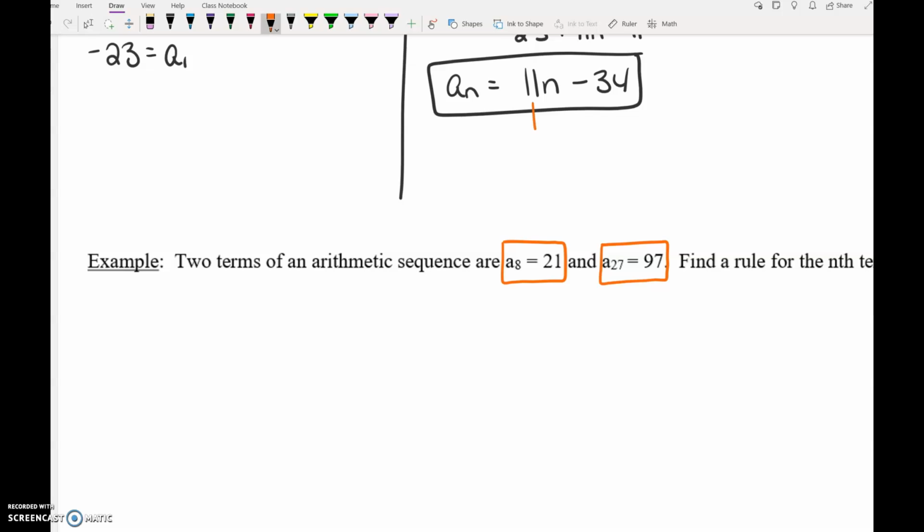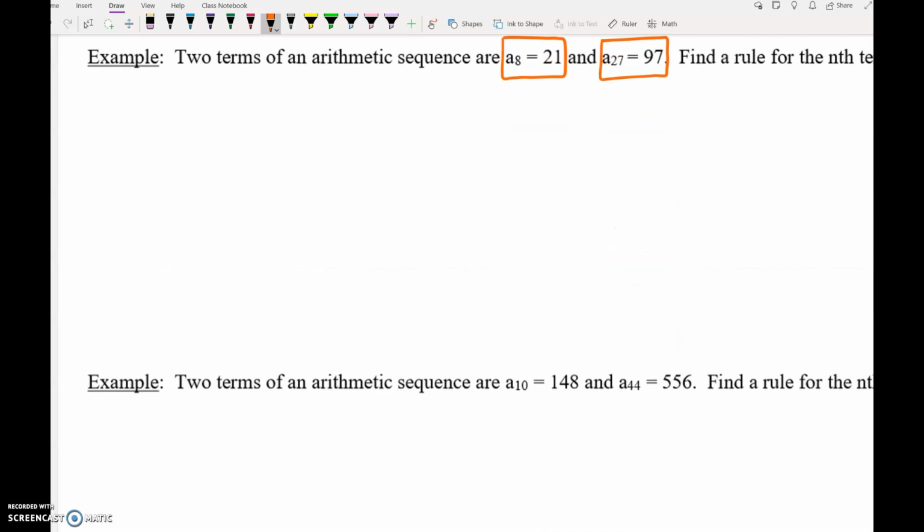So our common difference is our slope. They just gave us 2 data points. We can use these 2 data points to find that slope, to figure out what is that common difference between these. So our first step is going to be find the slope, which is our common difference.